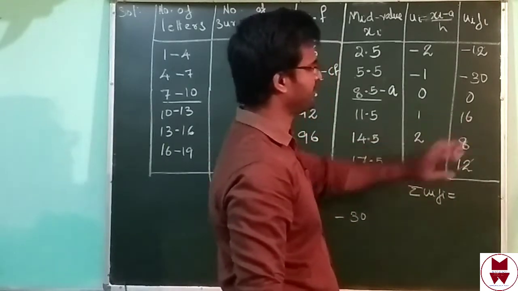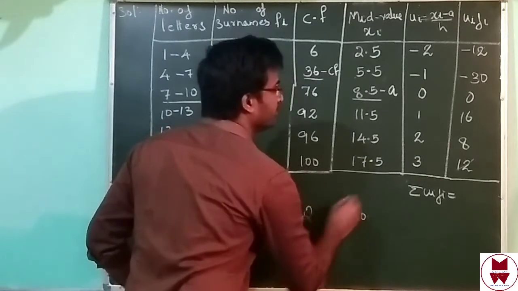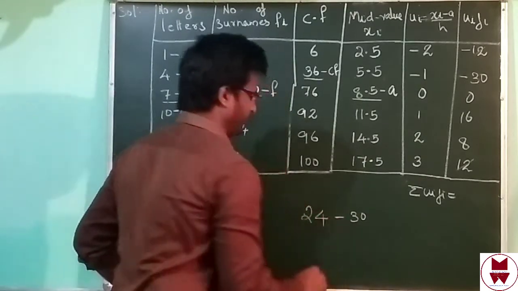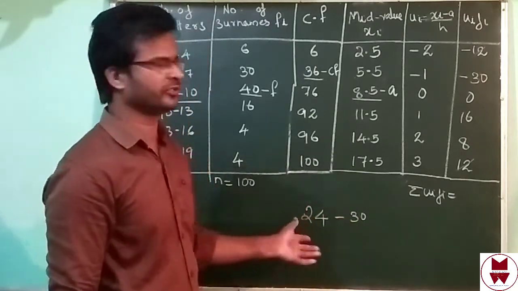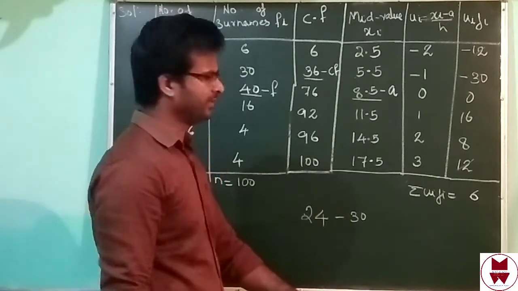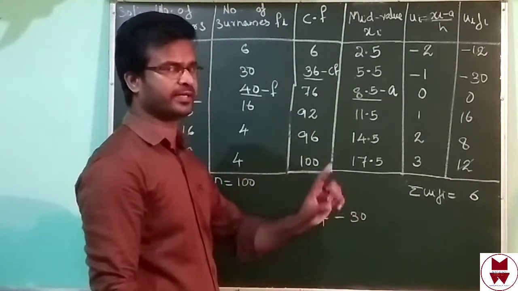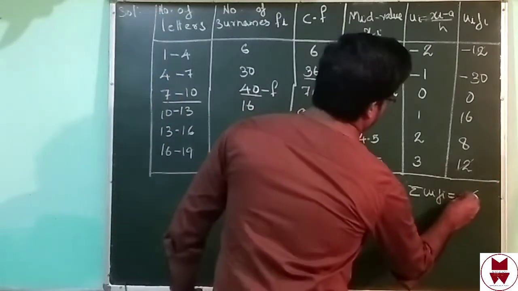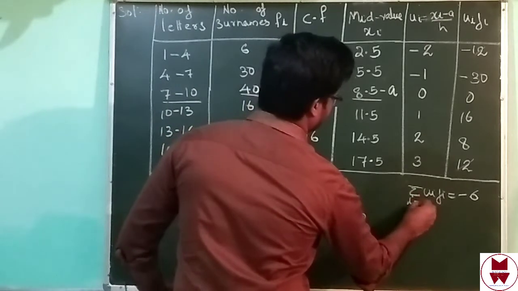Positive numbers 16 plus 8, how much? 24. Then 24 minus 30, that means 30 minus 24, you will get 6, isn't it? 30 minus 24 is 6. Then in here 30 is the big number, isn't it? That sign is minus. That sign only we can use in the answer. You will get sum of uifi equal to minus 6, i equal to 1 to n.